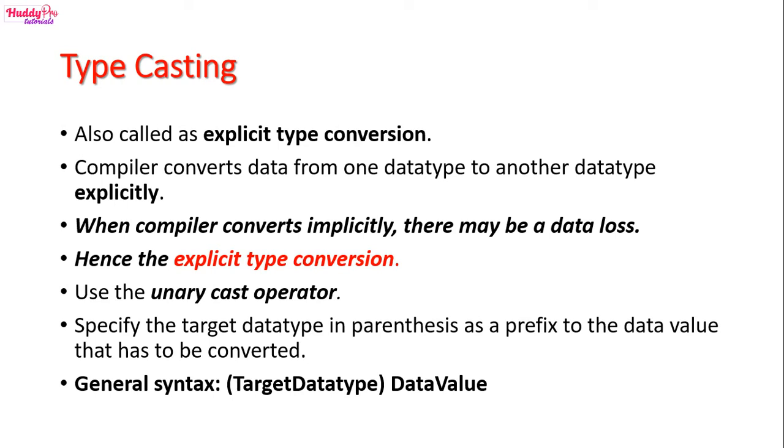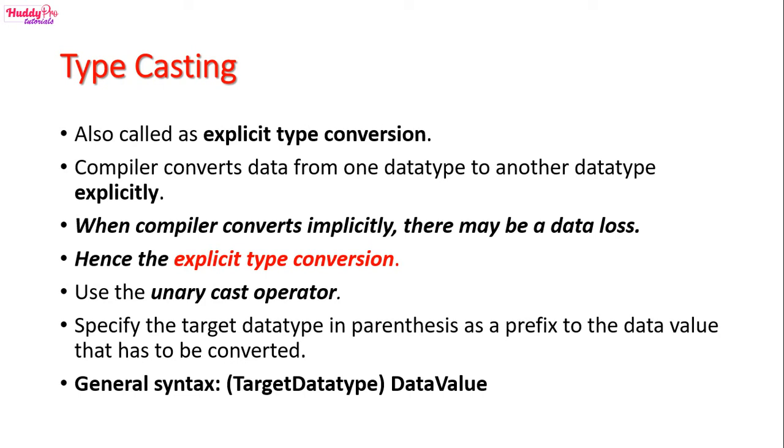Now in such a case, it's very advisable to convert the data from one data type to another using the explicit type conversion. And to perform this, we use the unary cast operator. So we are going to see how that unary cast operator is used.